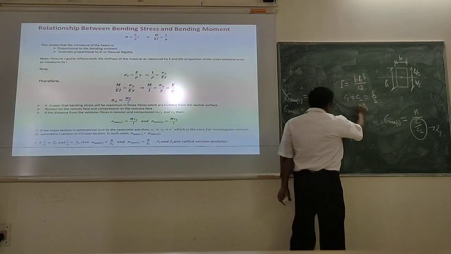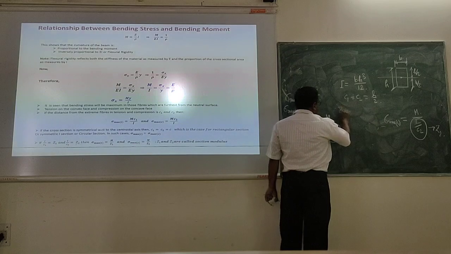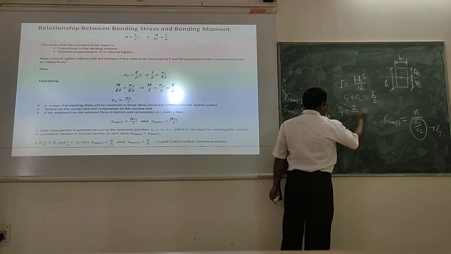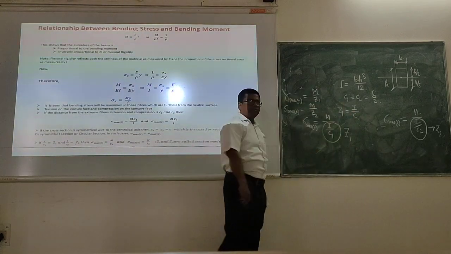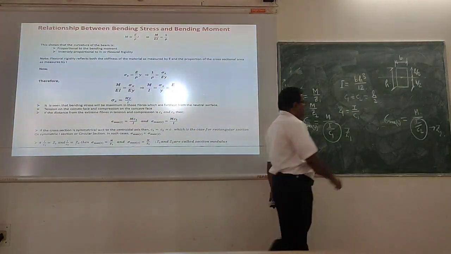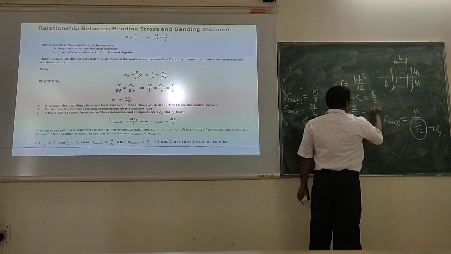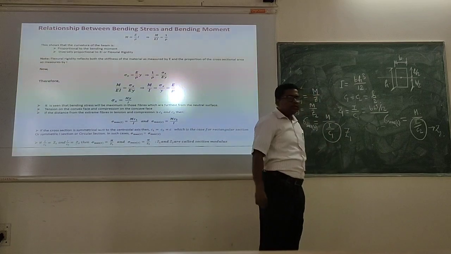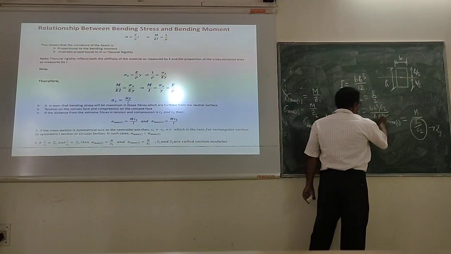Now, considering this, if I write Z1, what will my Z1 be? I by C1. So what is I? I is BH cubed by 12. And what is C1? C1 is H by 2.